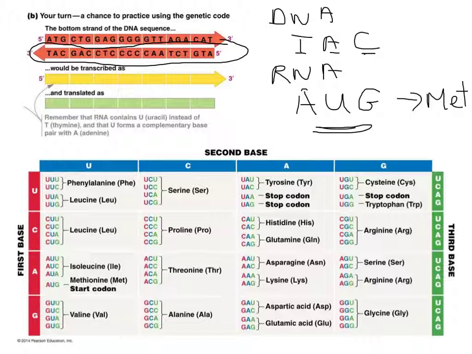Okay? So that's the process of translation, going from the RNA to the amino acid. You should do this for practice and fill in what belongs in each of these areas, and you can check your answer using the key in your textbook for this chapter. It's chapter 16.